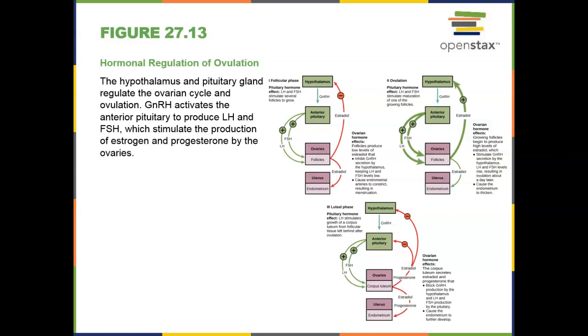The luteal phase is going to be controlled by the corpus luteum. The corpus luteum starts secreting progesterone as well as estrogen, but the progesterone and estrogen together inhibit gonadotropin releasing hormone, which then inhibits the anterior pituitary from releasing luteinizing hormone and follicle stimulating hormone.